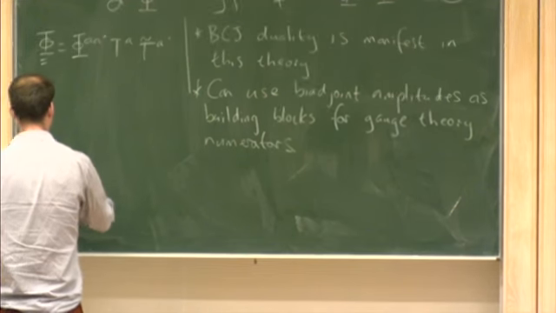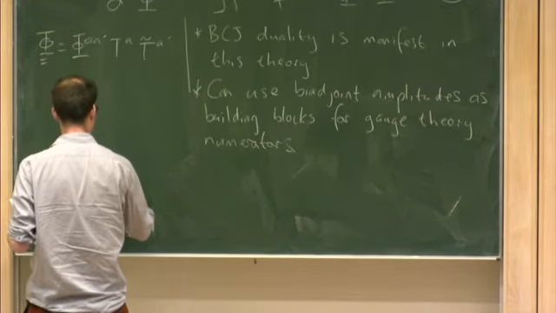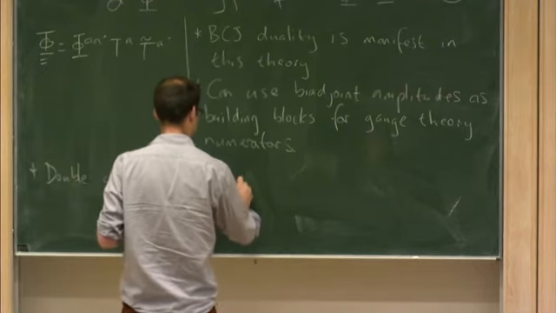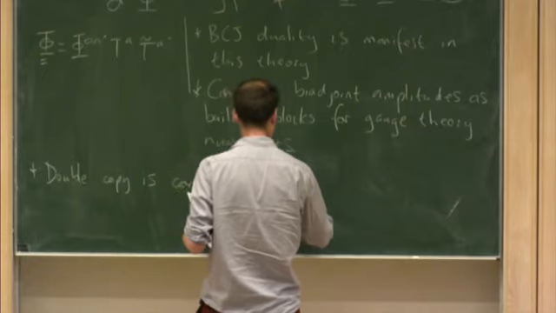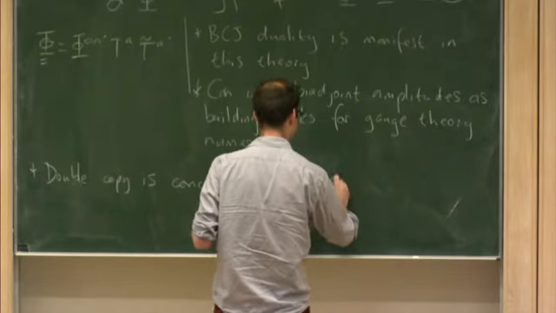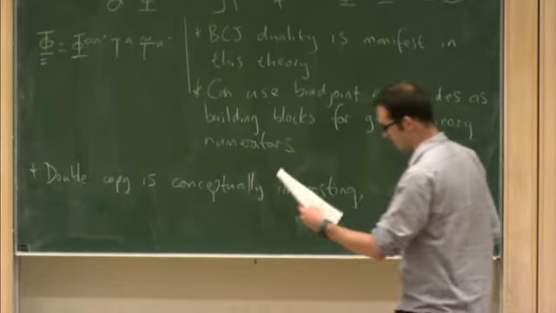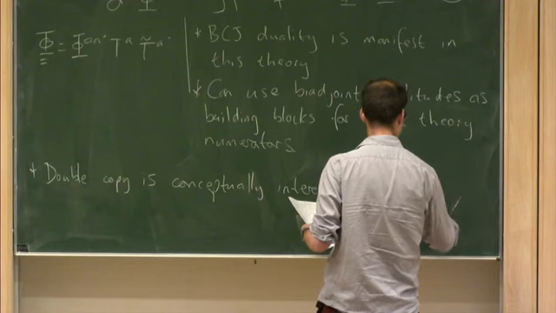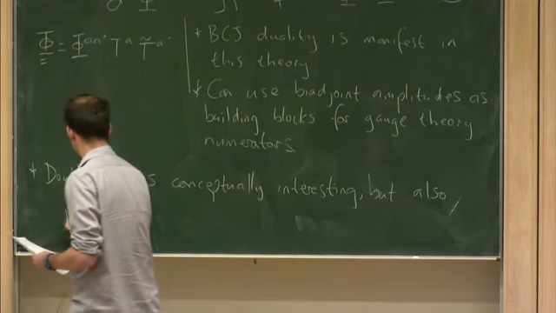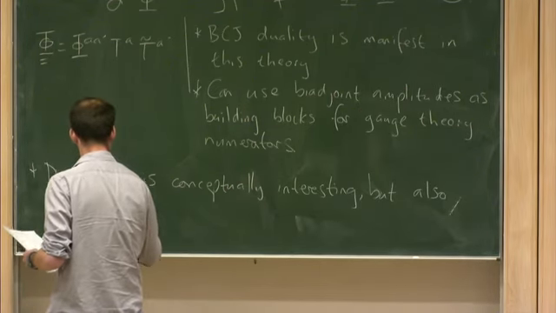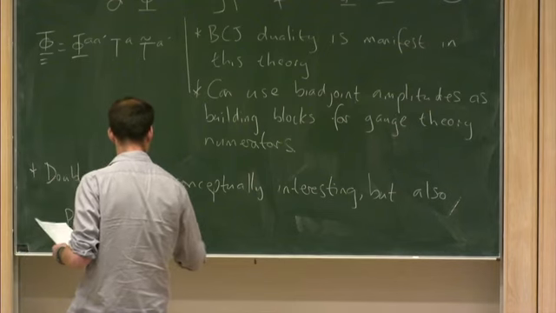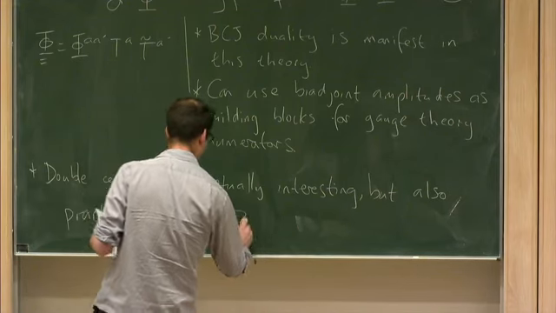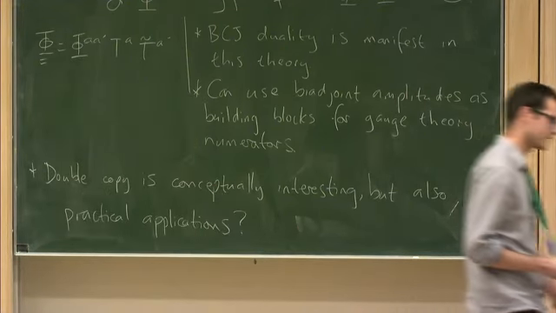So just as a bit of further motivation, the double copy is conceptually interesting in that it relates two very different kinds of theory, but there might also be practical applications. I'll put a question mark there because not all of them have been realized.